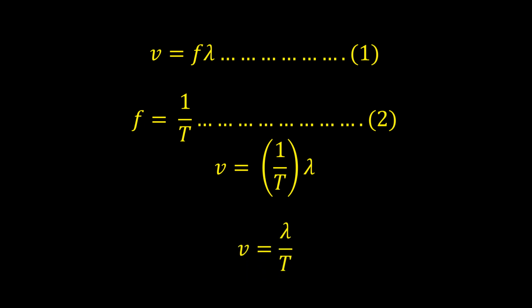So in the end, our equation becomes the wave speed equals the wavelength lambda divided by the capital letter T for the period. In instances where you are not provided with the frequency but the period, you can use this variation of the wave equation.